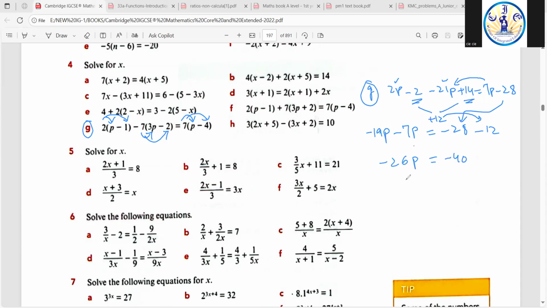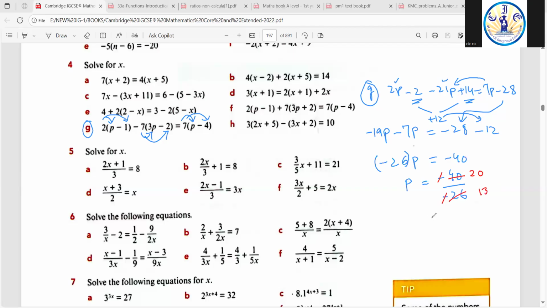Now as I told you earlier, you need to shift this negative 26 to the other side. When it is shifted to the right side, it will have the same sign with it. So now we can cancel this negative sign with negative, and now we can cancel them using the table of 2.